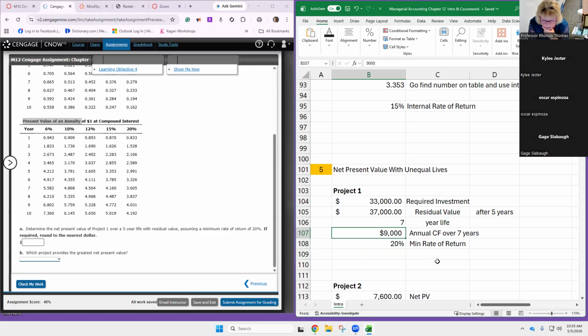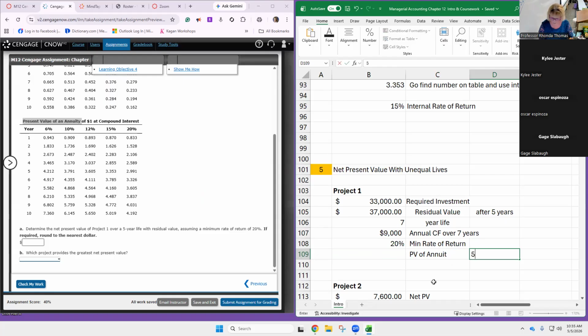So we're going to use the present value of an annuity. 5 years at 20% is 2.991, from the table. I would carry it all the way to the third digit. However many digits they give you, use it.